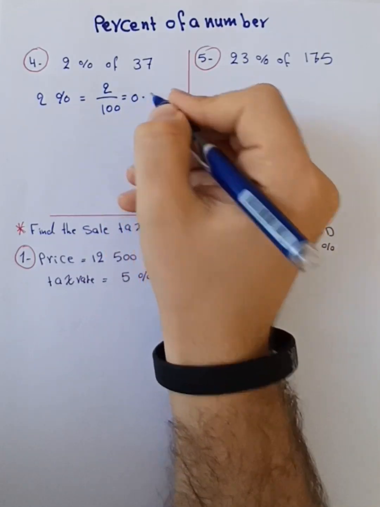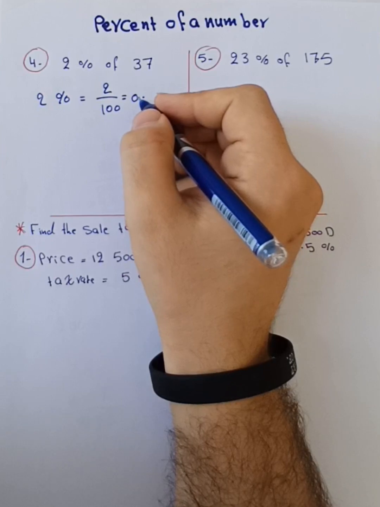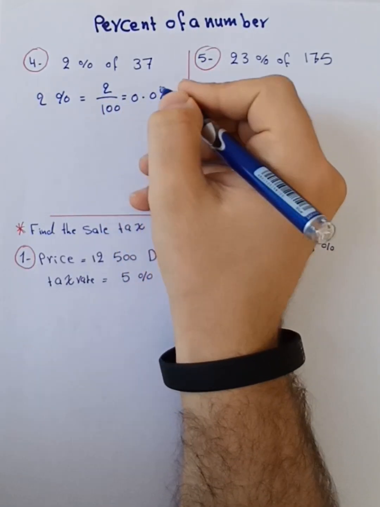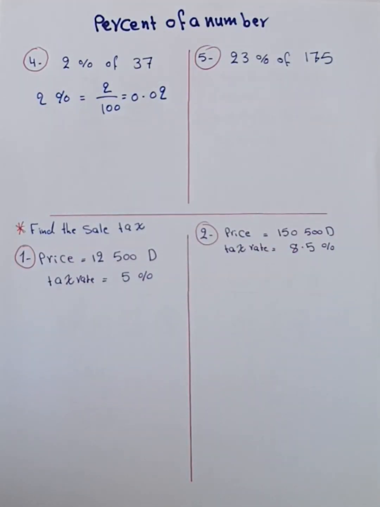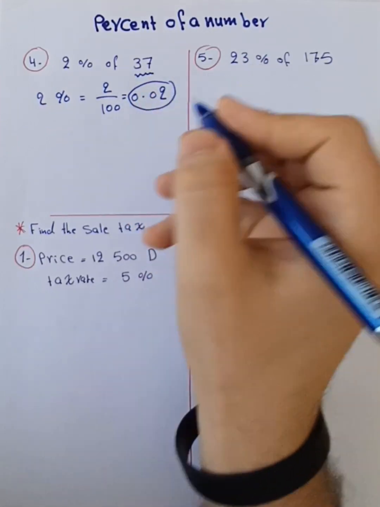So we have to write 0 point. After this point we should have two numbers, but 2 is one number. We have to add another 0. So the decimal number for 2 out of 100 equals 0.02.